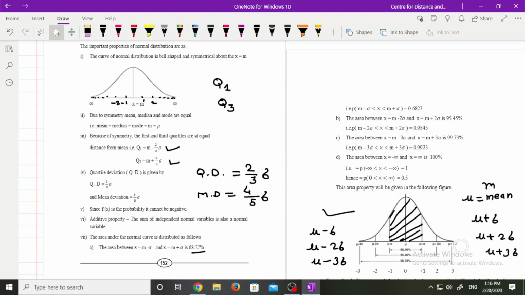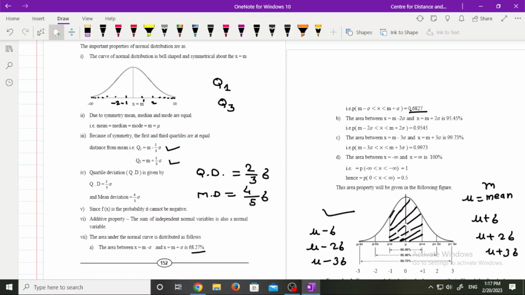This is our m plus sigma, and this is our m minus sigma, that is, m minus sigma is less than x is less than m plus sigma, that is, the value of x lies between m minus sigma and m plus sigma, and this area is 0.6827.